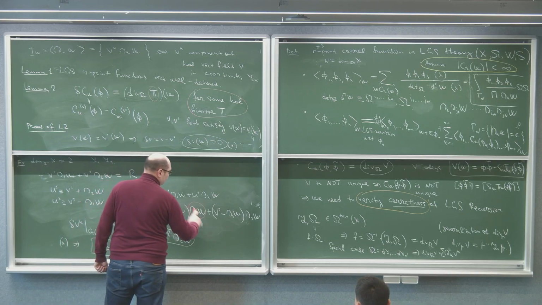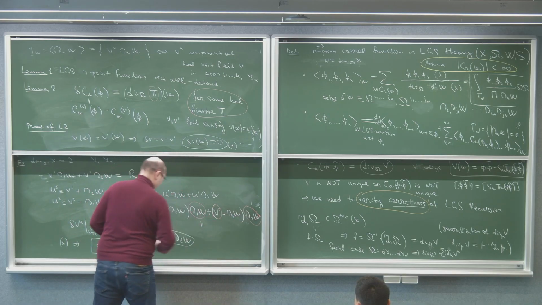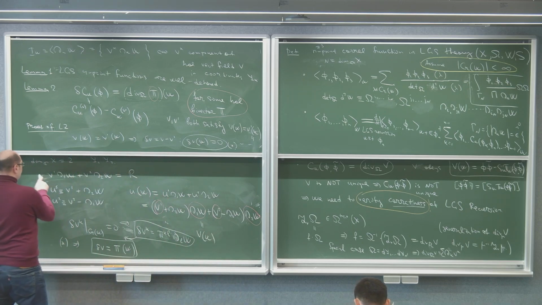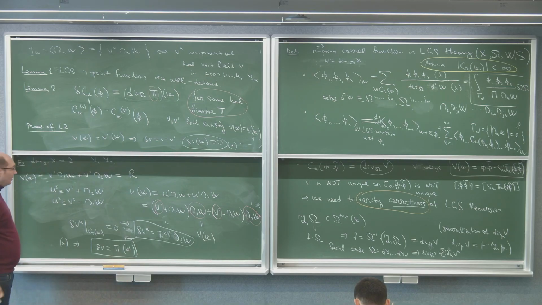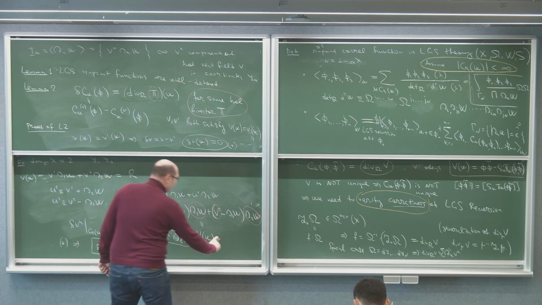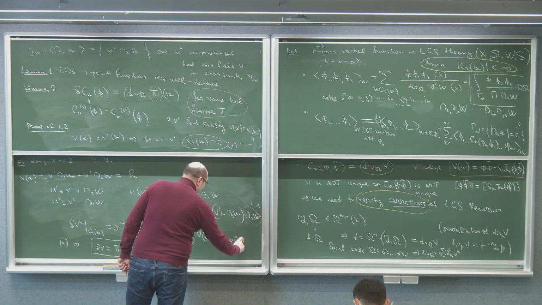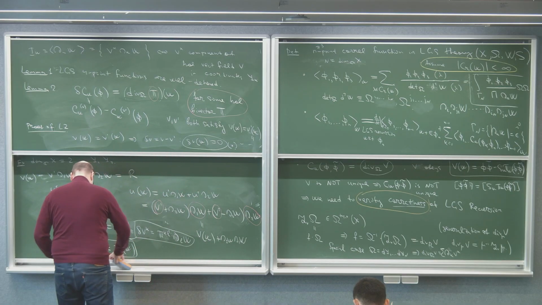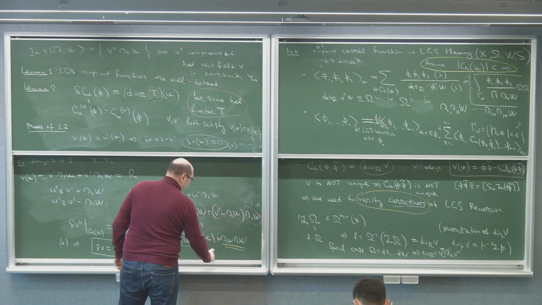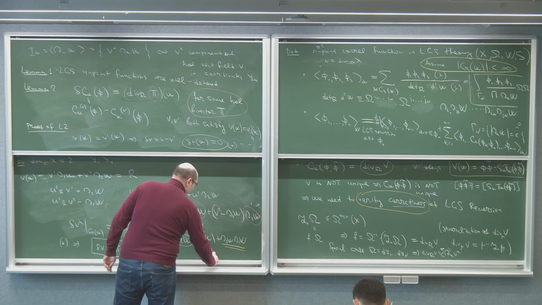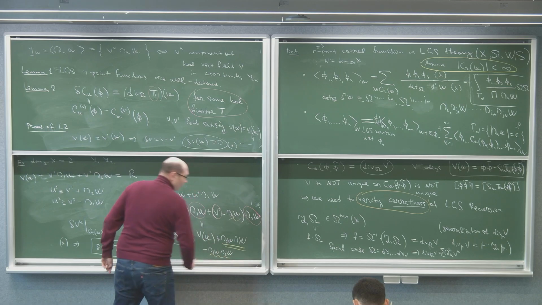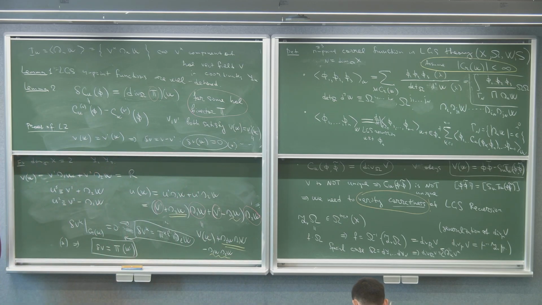I see terms that give me the familiar v applied to w. And then there are additional terms: d2w multiplied by d1w from this term, and another term, minus d1w d2w from this term. And they perfectly cancel.